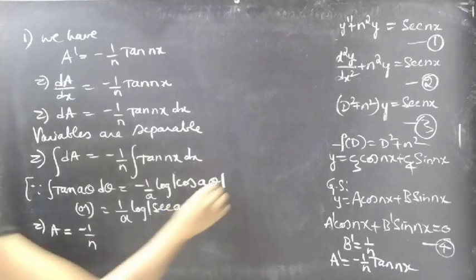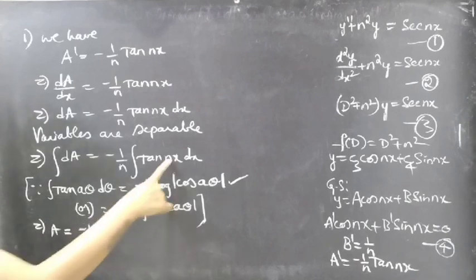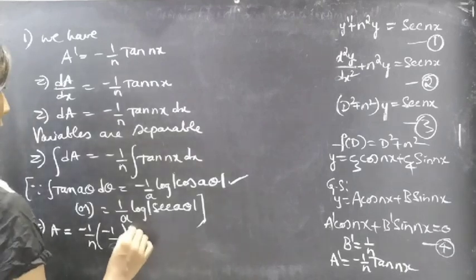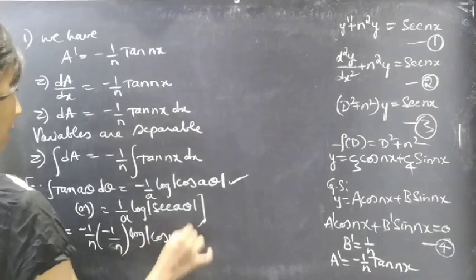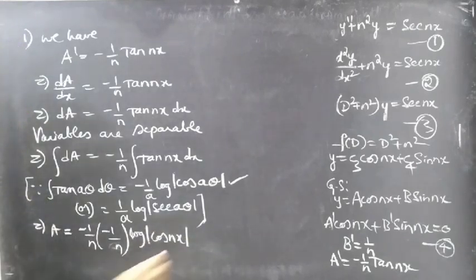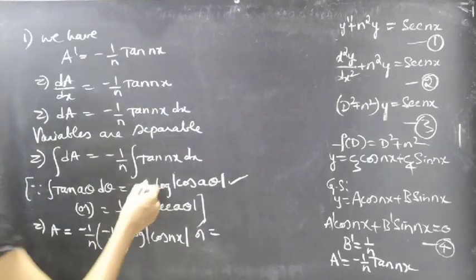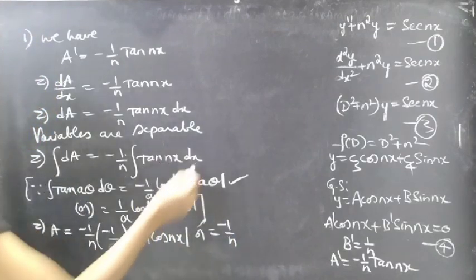if you use the first formula, then for a equal to n you'll have minus 1 by n log mod cos nx, or minus 1 by n integral tan nx dx.